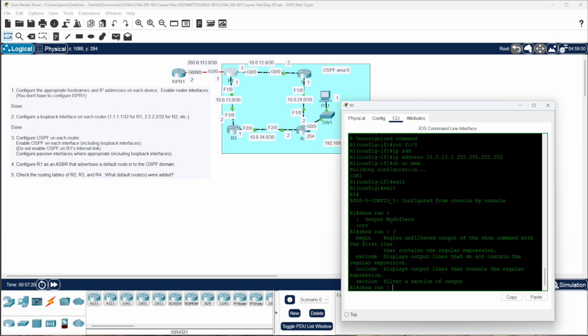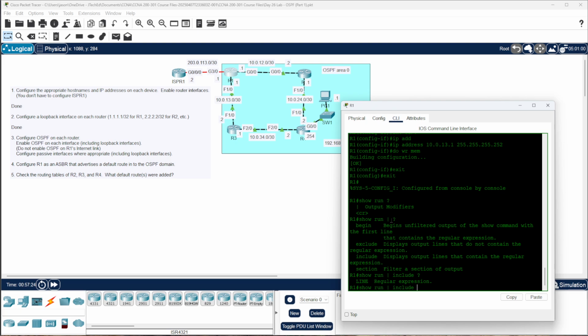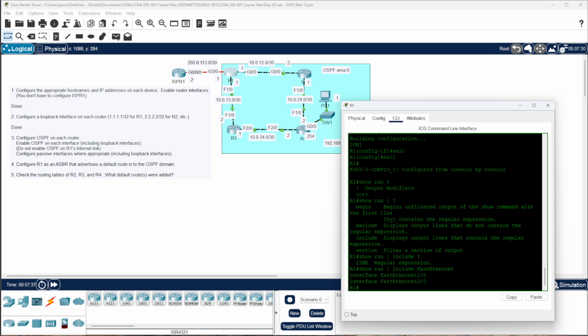Yeah, so you do pipe it and include. So you include a regular expression. So what if I did FastEthernet? Okay, well, that's nice, but it doesn't include the actual config.